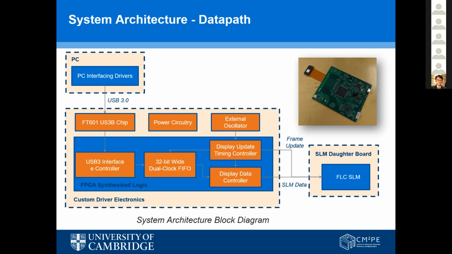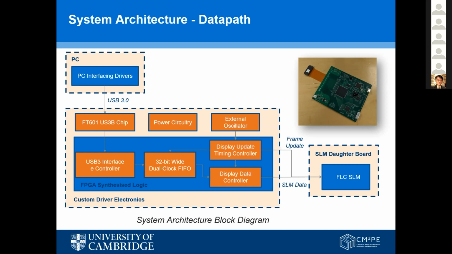The communications between the PC and the custom driver electronics have been implemented using an FT601 chip, which is FTDI's USB 3 chip. That gives us up to 5 gigabits per second of bandwidth, which is enough to achieve the throughput requirements that we actually want.